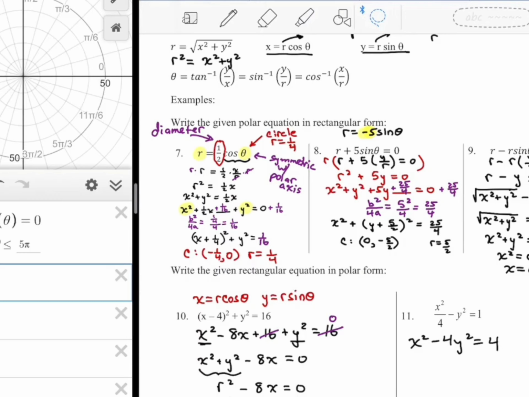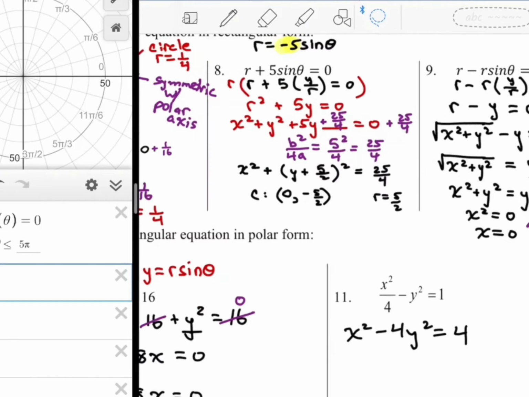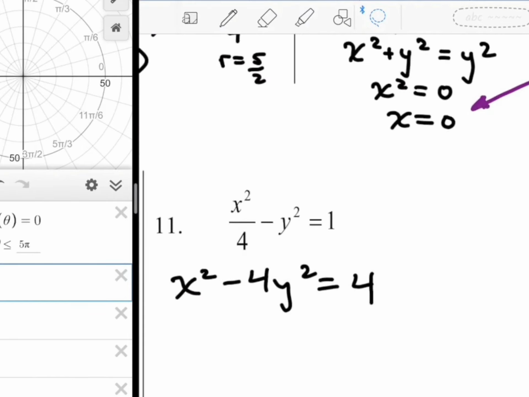Now, in this case, it does not look like we have the ability to utilize r squared is equal to x squared plus y squared. I mean, there is a way around it. It's just not always worth it. So I'll show you, and then I'll show you what you're going to end up having to do in most cases.